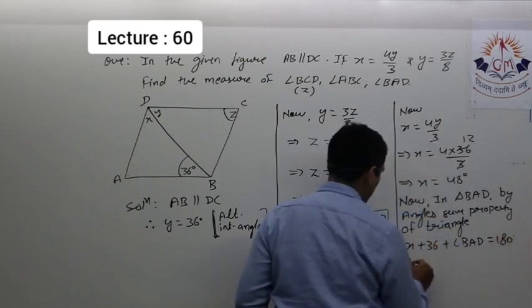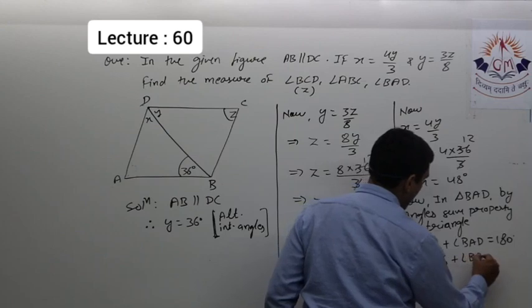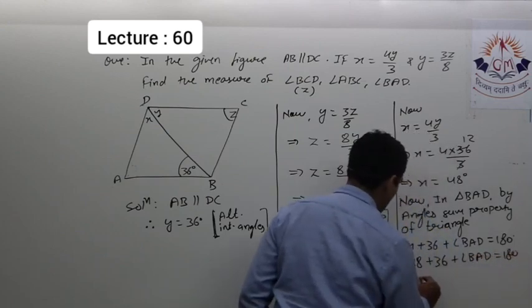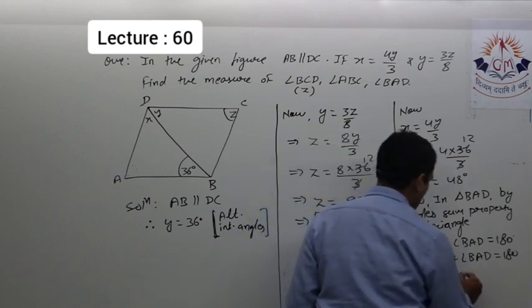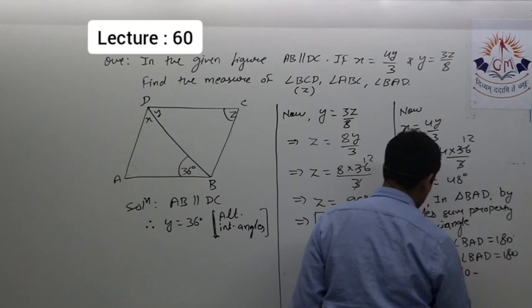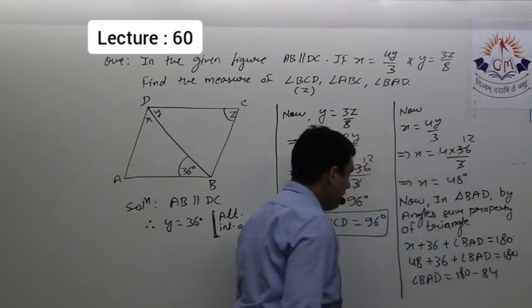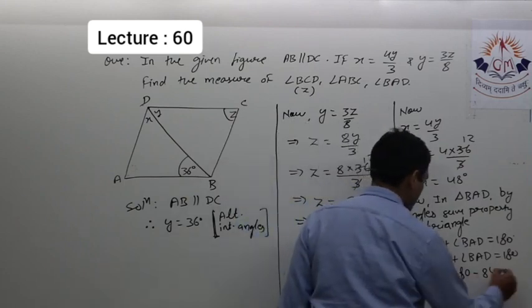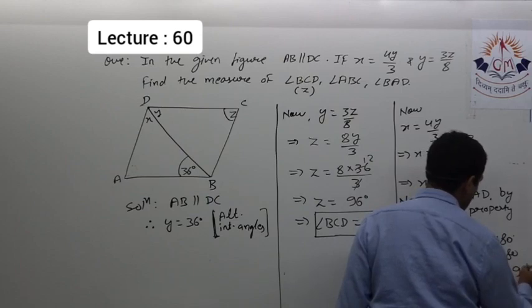Now x is 48, so 48 plus 36 plus angle BAD is equal to 180 degrees. So angle BAD is equal to 180 minus 84, that is equal to 96 degrees.